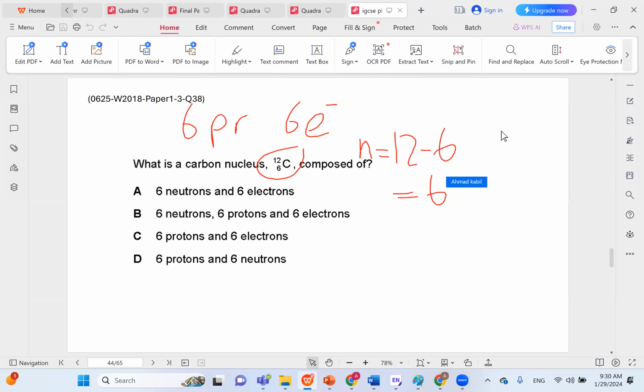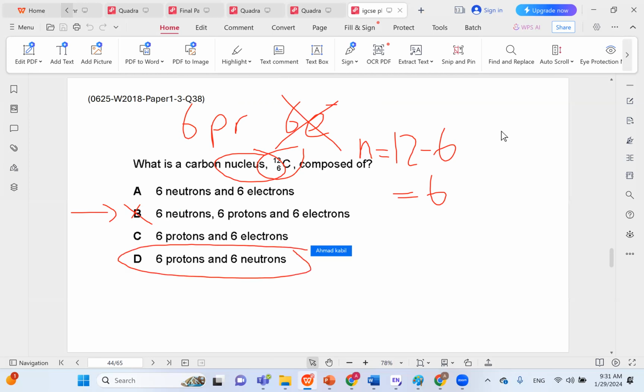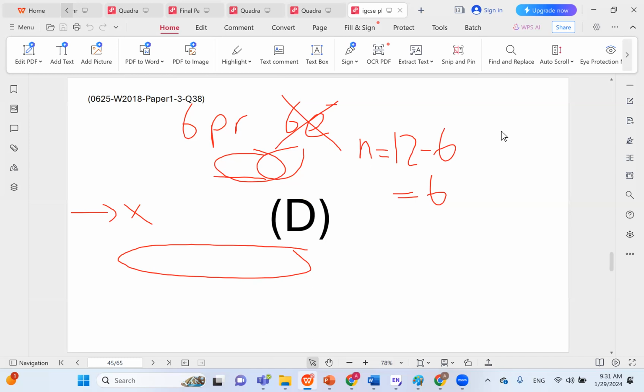So what is inside the nucleus? Definitely not the electrons. So beware of choosing B, because B is wrong. It's only the protons and the neutrons. So D would be the correct choice here. If they said what is a carbon atom composed of, then we would have gone for B. But anyway, D is the correct choice here.